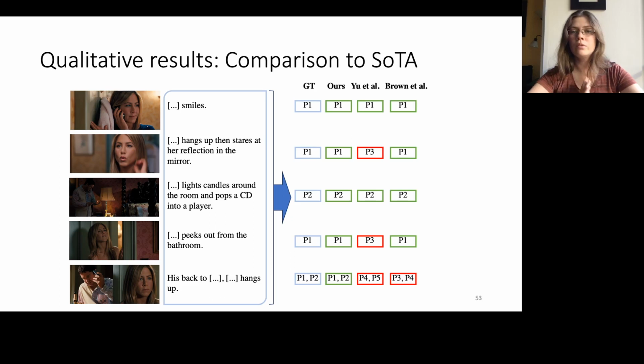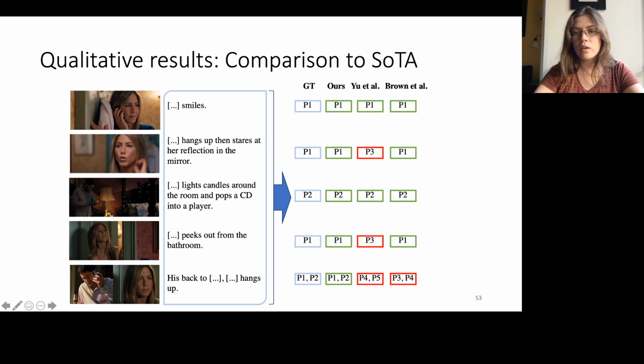Here is an example. So we have ours correctly identifying person 1 in the first 2 clips, and then person 2, then person 1, and then both of them are seen in the last clip.